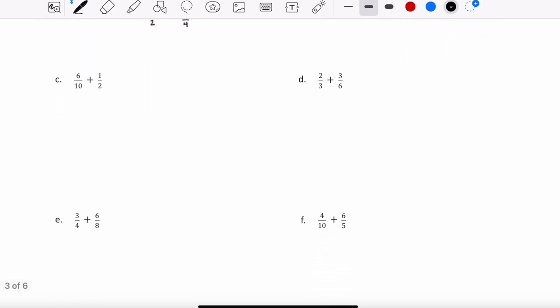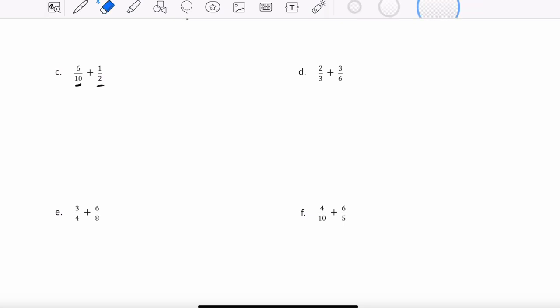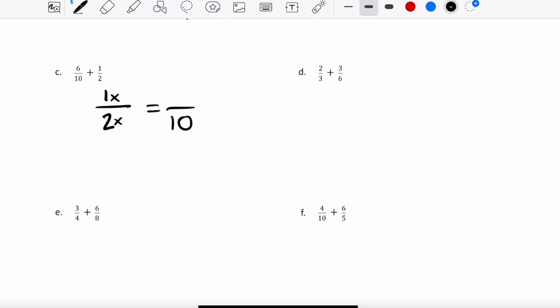Alright, so let's look at C. I have 6/10 and 1/2. I cannot just add them together, so I'm going to have to change that 1/2 to make it into tenths. So I take 1/2, I times it by a number that's going to get me to tenths.